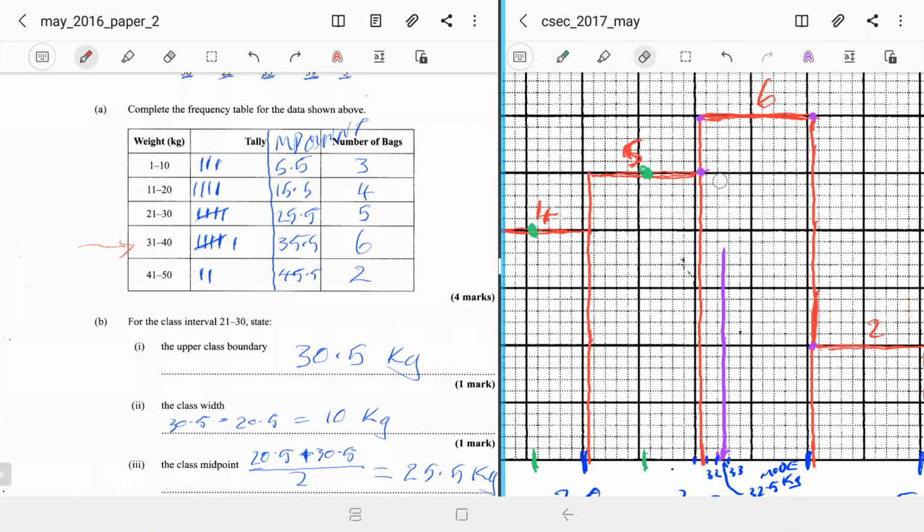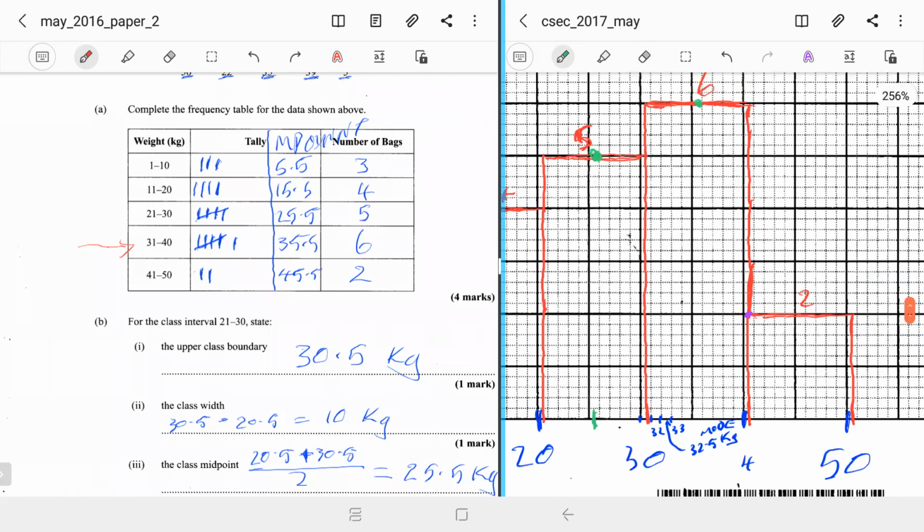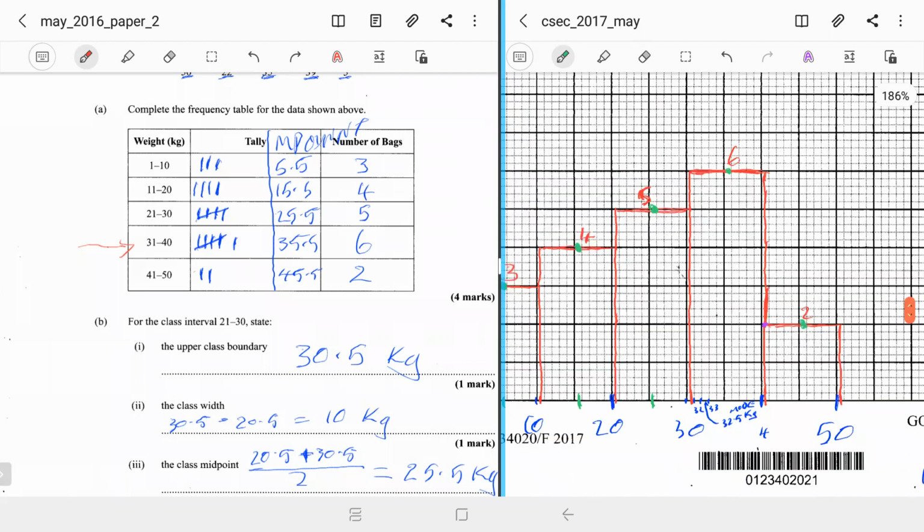Let me erase these diagonals. And the last one, the middle at the top of the last bar, 45.5 with 2, right there. So those points will represent the data.